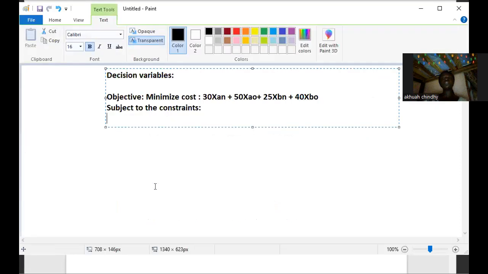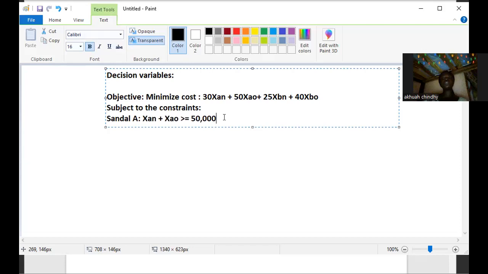The constraint is on Sandals A, so Sandals A on the new production line plus Sandals A on the old production line should be greater than or equal to 50,000. That is the minimum requirement. The least you can produce is 50,000. You can produce that or more. So this is for Sandals A. That's the first constraint, the first restriction.